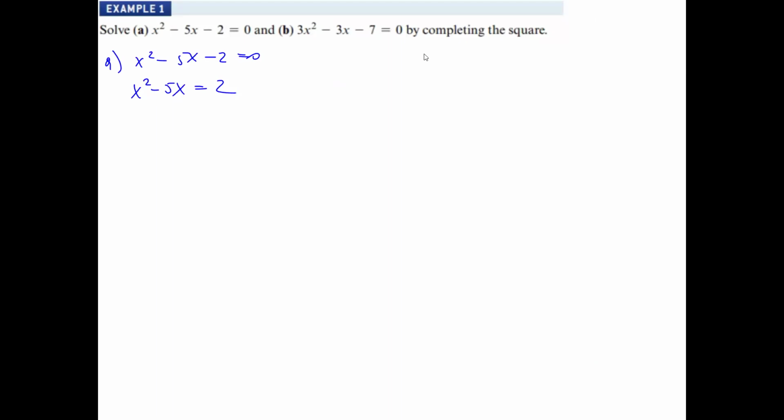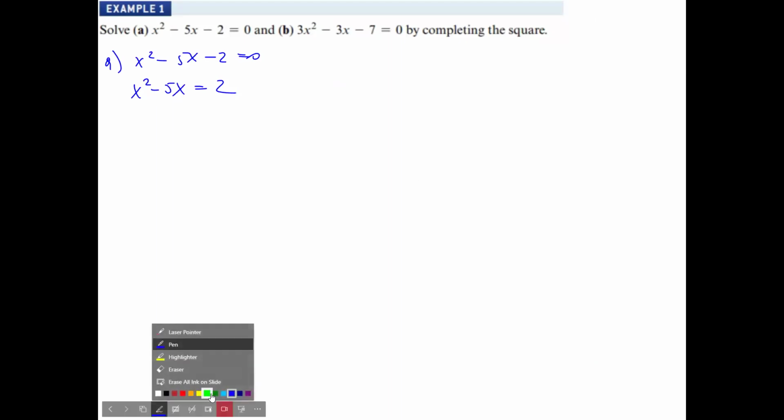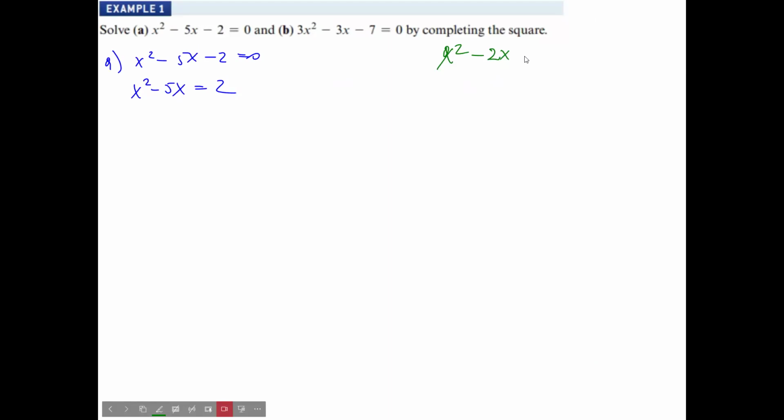Now, I keep in mind that formula. Let me take a different color. x squared minus 2bx, let's put it this way.